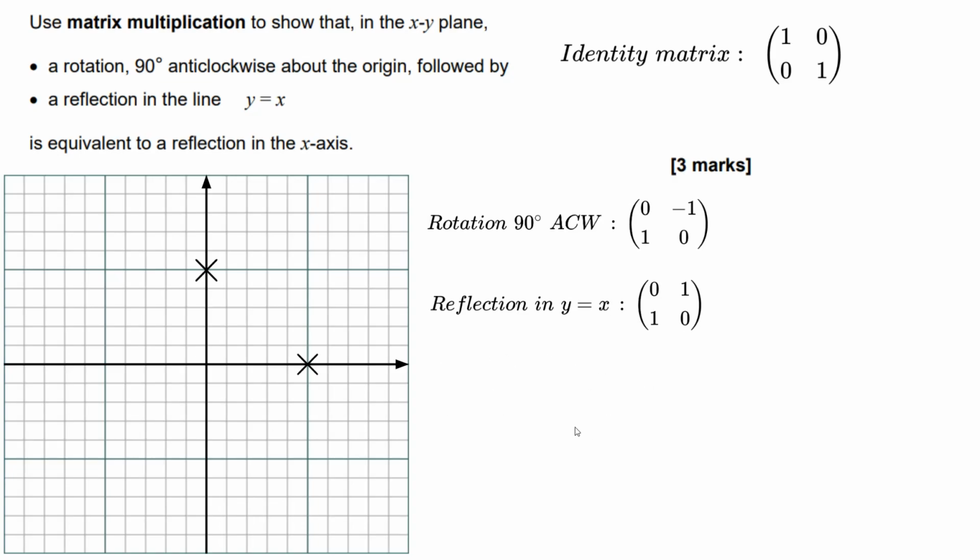So one thing just to keep in mind is that it says this rotation is followed by a reflection. AQA do this a lot, but what it means is you've got this matrix first applied onto this.